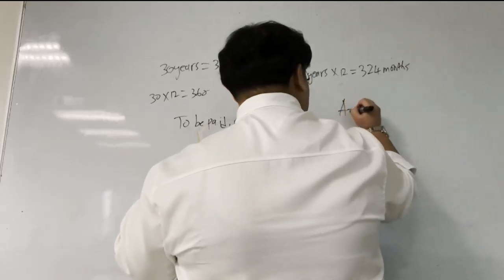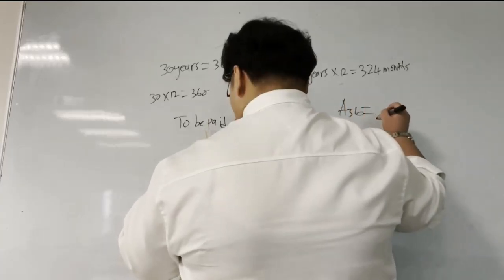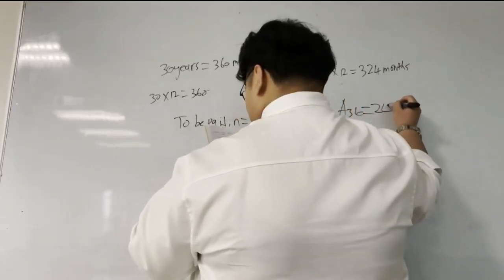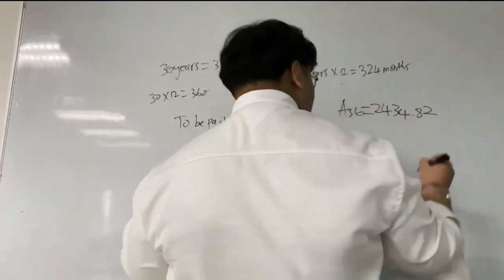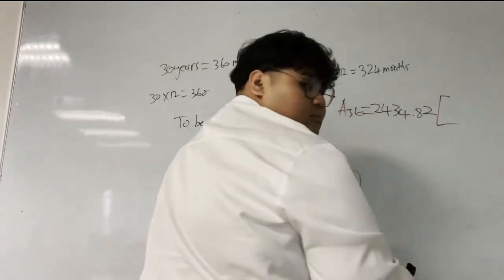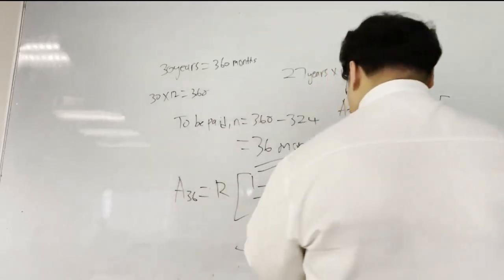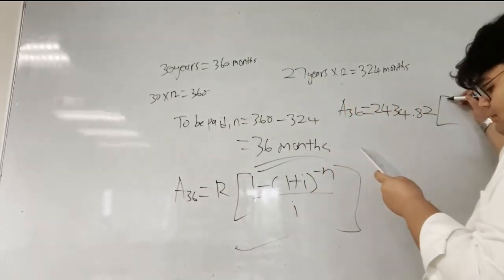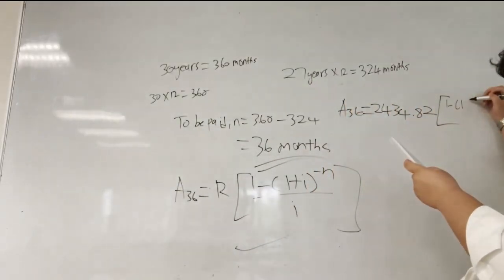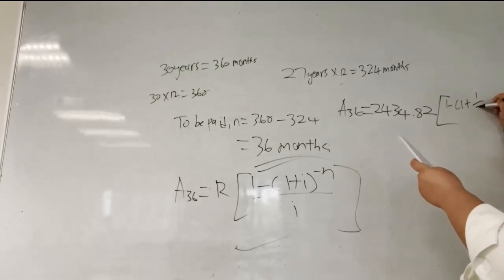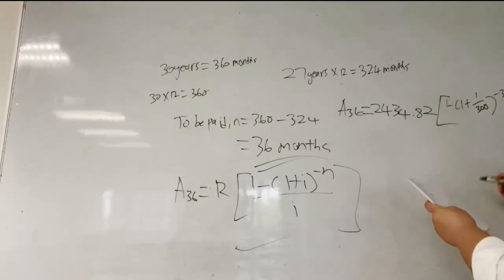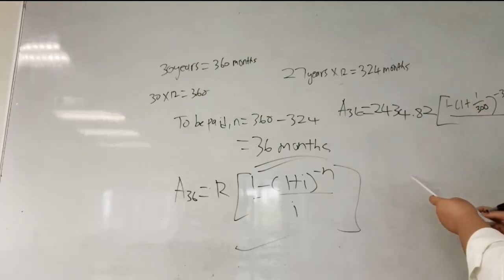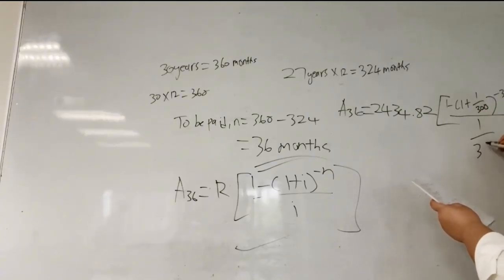A equals R, which is 2434.82, 1 minus 1 plus 1 over 300 to the power of 36, which means the number of months that you need to pay.